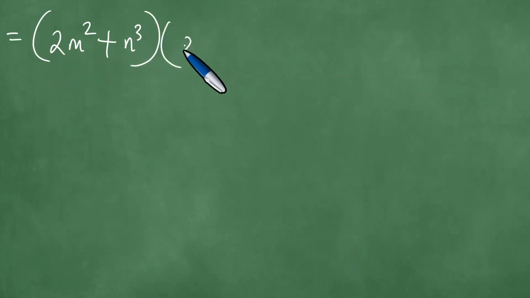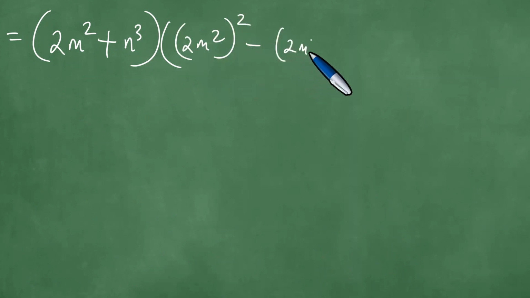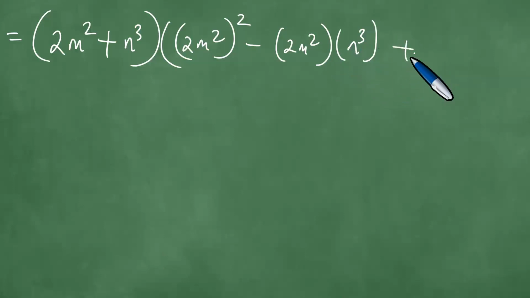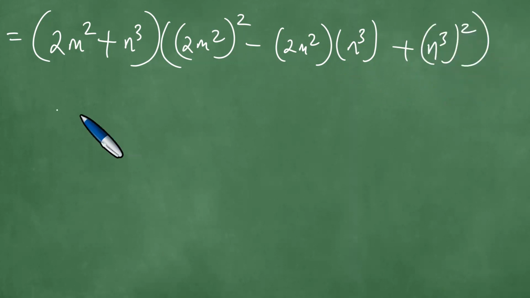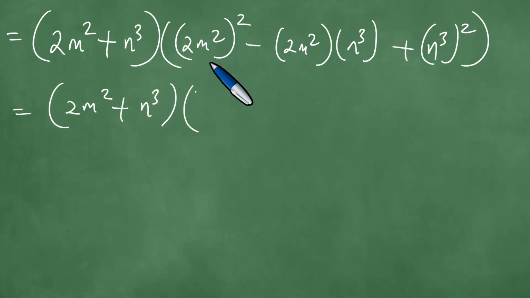Right, you have this one here, and then you have this one here. So you have this one here. Okay, if you square the 2, you get a 4.